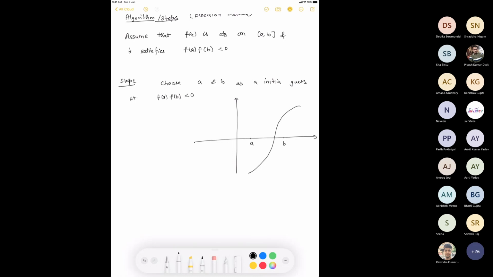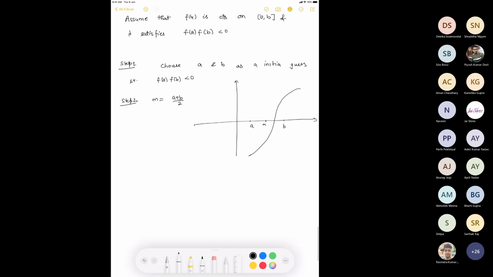Okay, so the next step in this algorithm is that once we have found the points A and B such that the function changes sign, I'm just going to find the midpoint of this interval, which is going to be (a+b)/2. So step 2 is to find the midpoint.